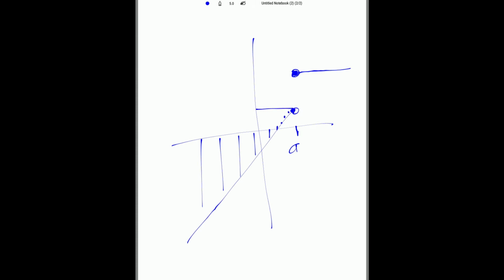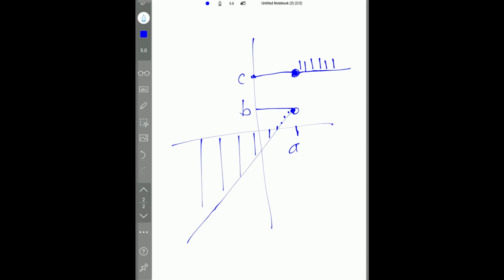Let's call this value on the y-axis b. But as we approach a from the right, we see that f of x is approaching c, and as such the limit does not exist because the right hand limit is not equal to the left hand limit.